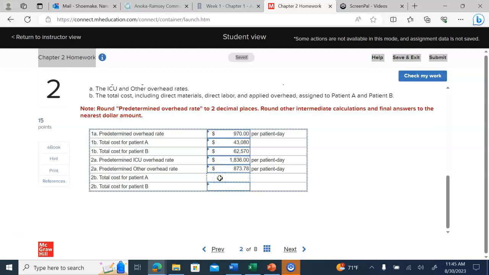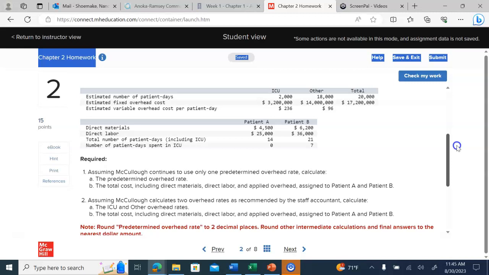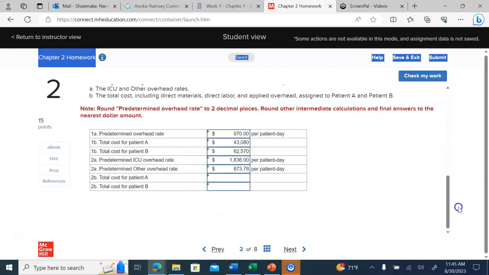Total cost for patient A, if we use them specifically, then patient A is going to be the 4,500 plus the 25,000 plus 14 times our rate here of 873.78.